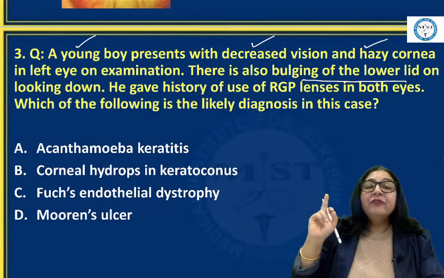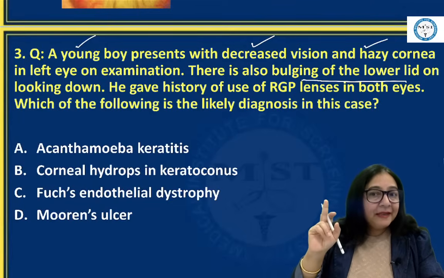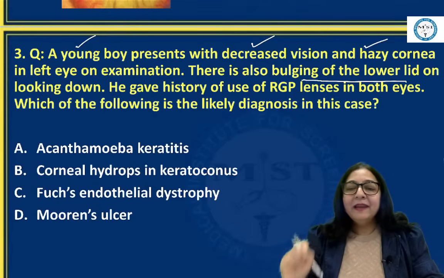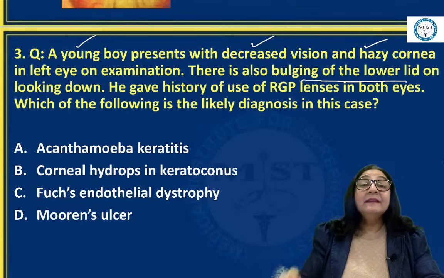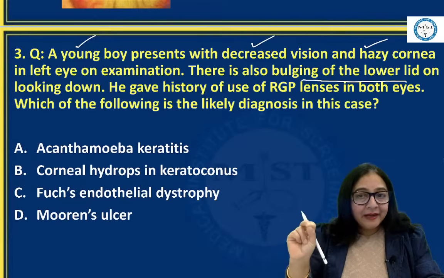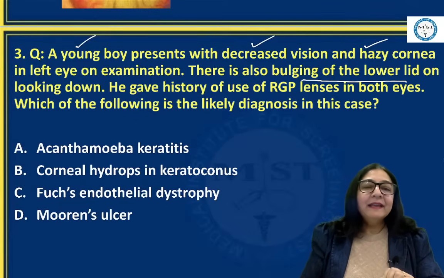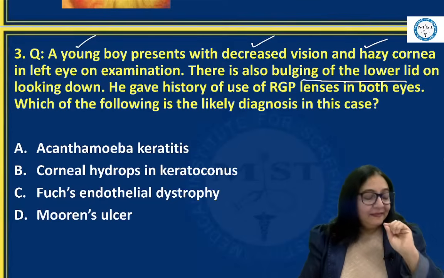He gave a history of use of RGP lenses. RGP are rigid gas permeable lenses, beta, in both eyes. Which of the following is the likely diagnosis in this case?